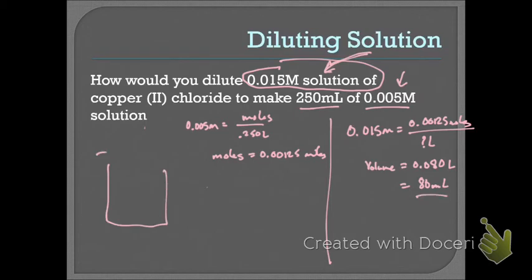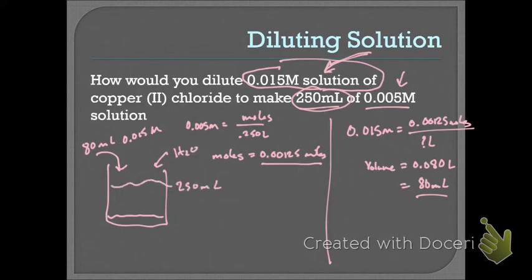I would take 80 mils of the 0.015 molar solution. By putting that amount in, that's bringing in the 0.00125 moles. So now I have the number of moles I want, but I still need it to be 250 milliliters. So I'm going to add just plain water until it reaches 250 milliliters.